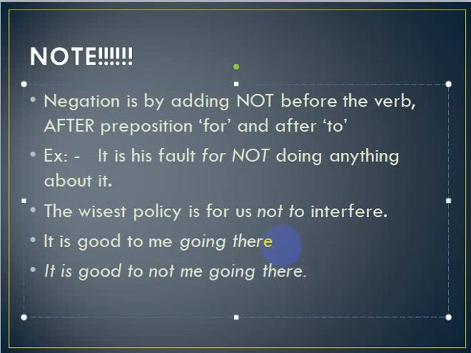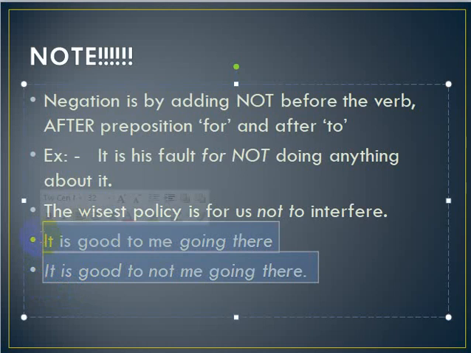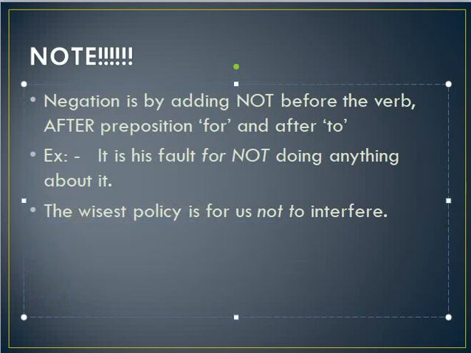It could be, in the context, it is good to not me. It could be to Ahmed, to Ali, to anybody else, but not me. So here, to is a preposition, which is not an infinitive. Now you don't need this, of course.